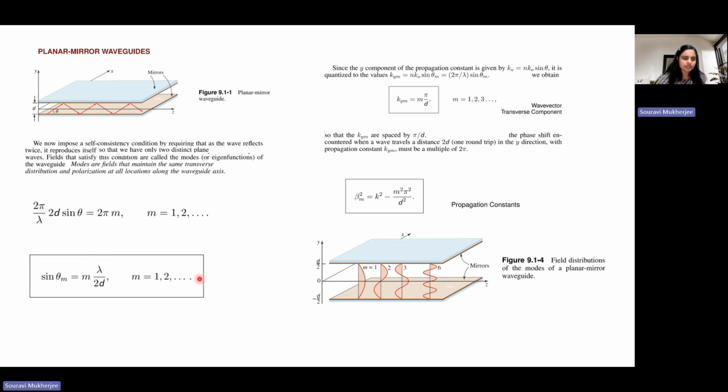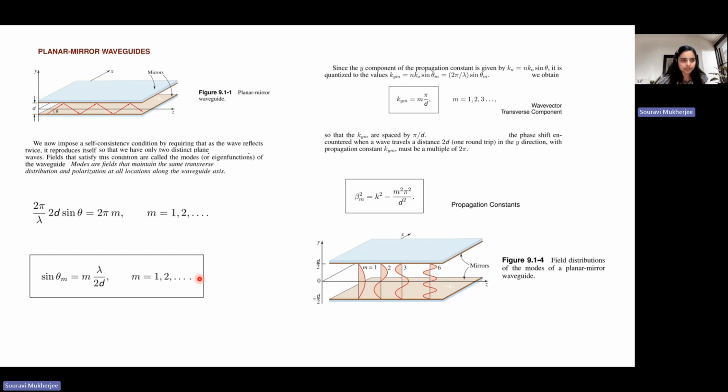We did look into planar mirror waveguides, where you had two parallel mirrors, where the waves were getting reflected.